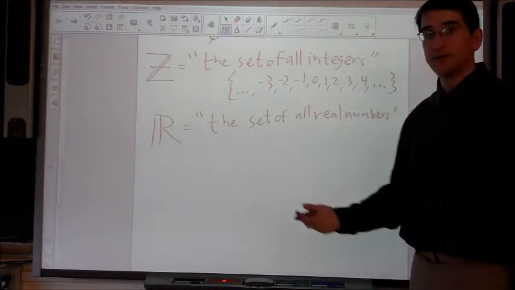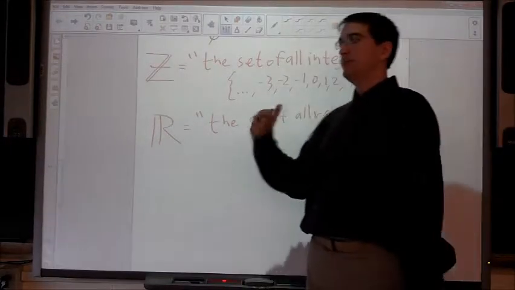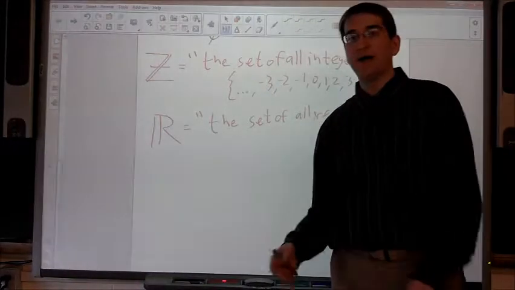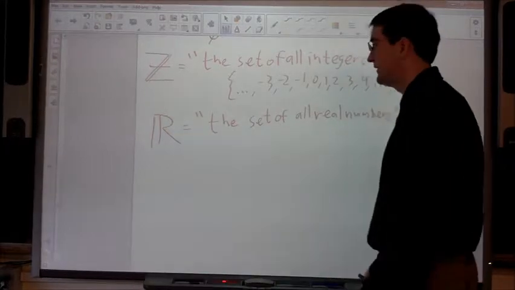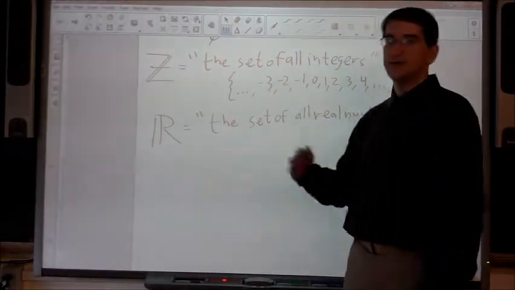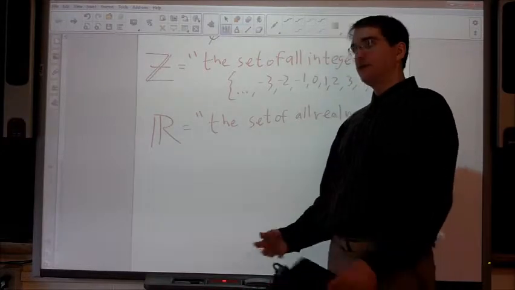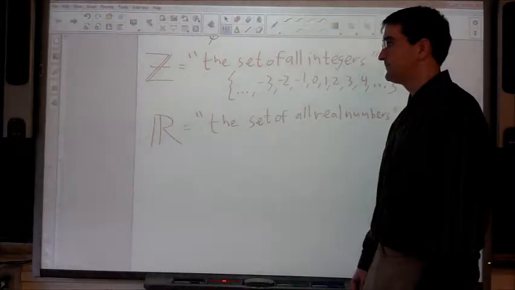Or just simply all real numbers. So again, this includes all of the integers, plus all of the rational numbers, plus all of the irrational numbers, like pi, like the square root of 2, things like that. Positive and negative numbers as well. This is basically all the numbers you've ever worked with so far. There do exist other numbers, and you'll get into them a little bit later on in your math career.